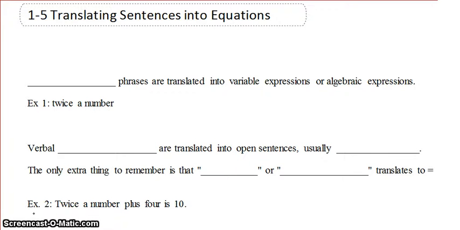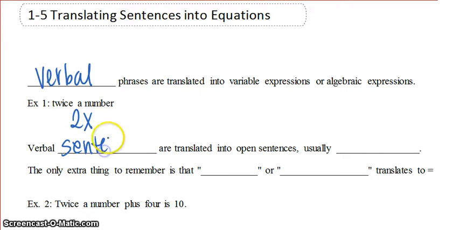So verbal phrases are translated into variable expressions or algebraic expressions, such as twice a number. But verbal sentences are translated into open sentences, usually equations.